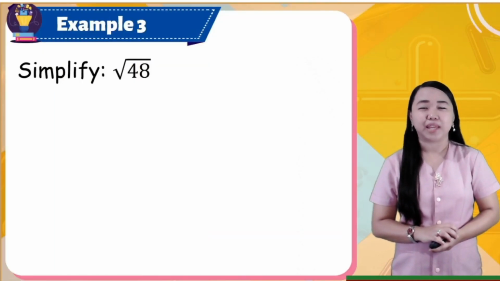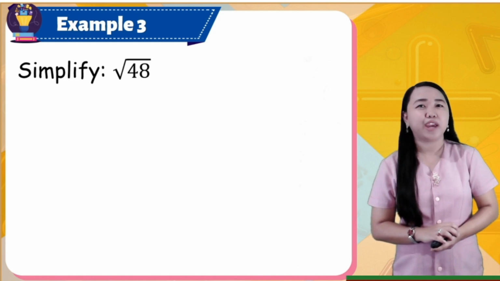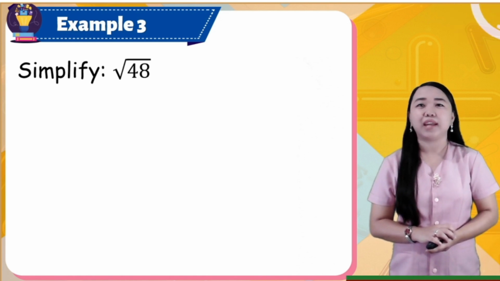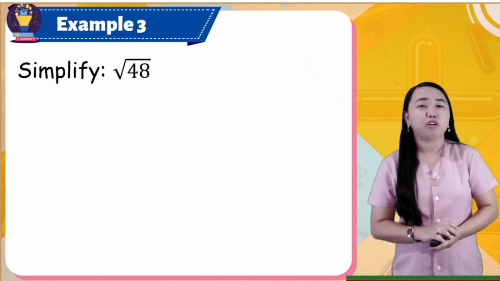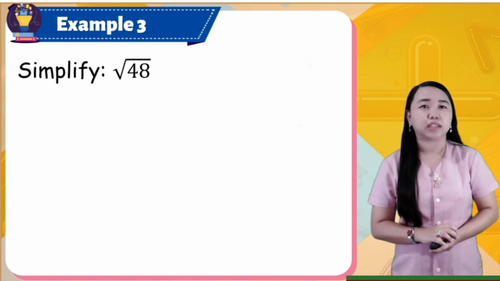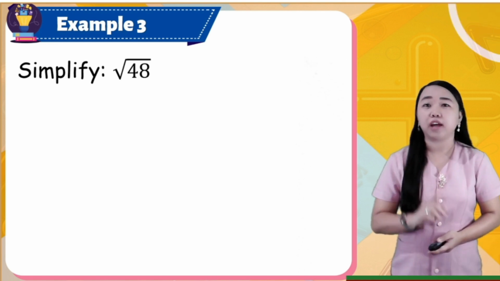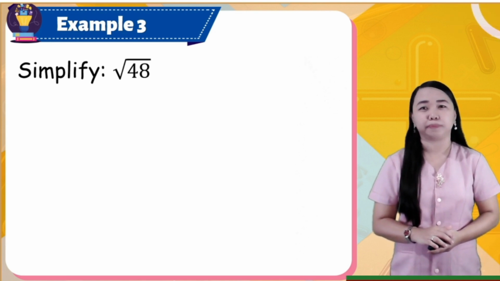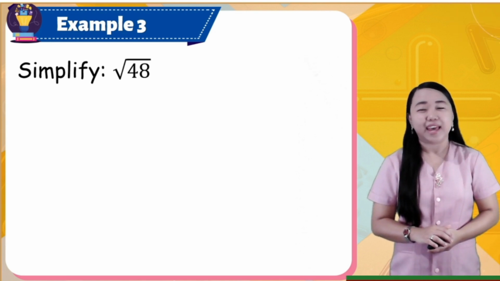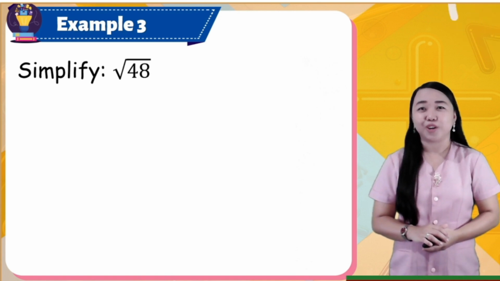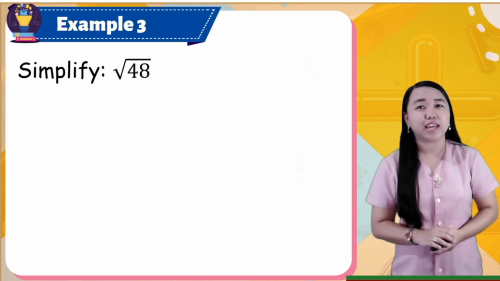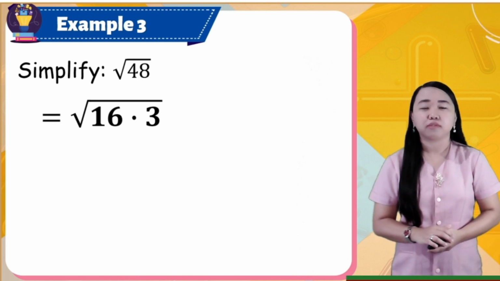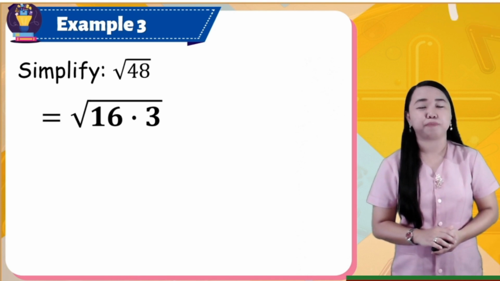Example 3. Simplify square root of 48. To simplify the radical expression, think of factors of 48 such that one of the factors is its highest perfect square factor. Yes, very good. Those are 16 and 3. So we have square root of 16 times 3.